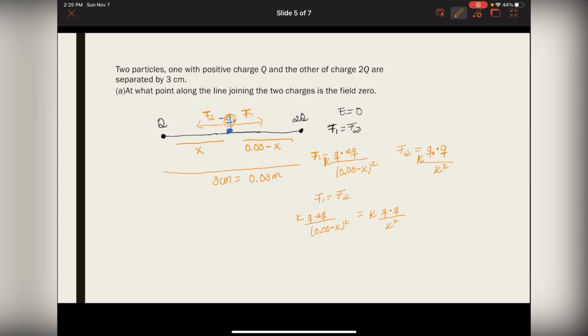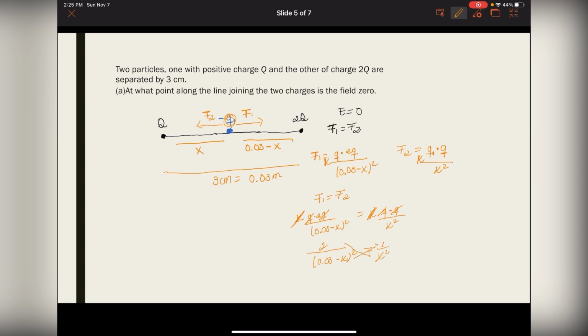Since the system is in equilibrium, we can cancel common quantities out. So we cancel the K constant and the Q's, and this leaves us with 2 over 0.03 minus x squared equals 1 over x squared.